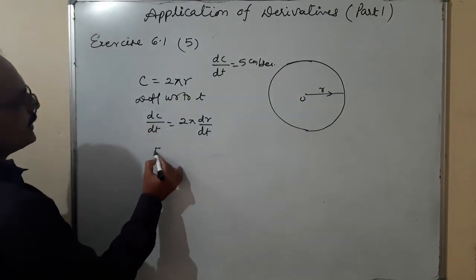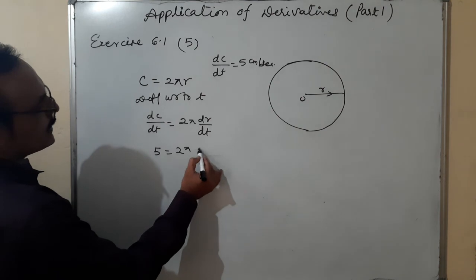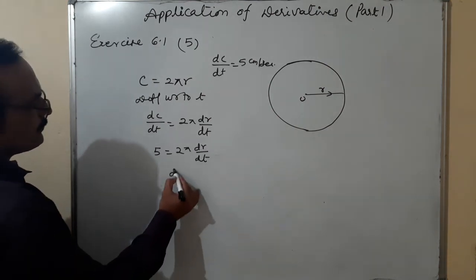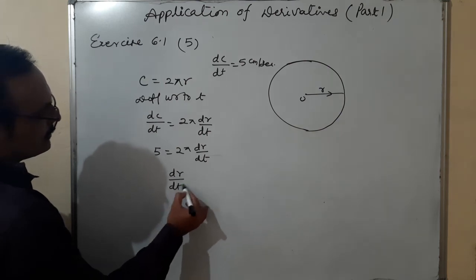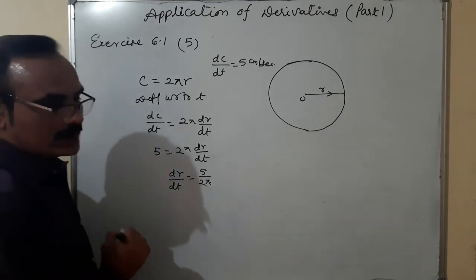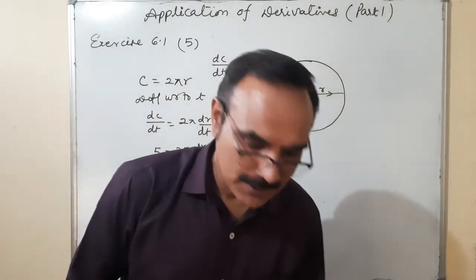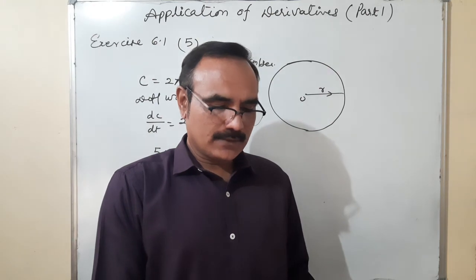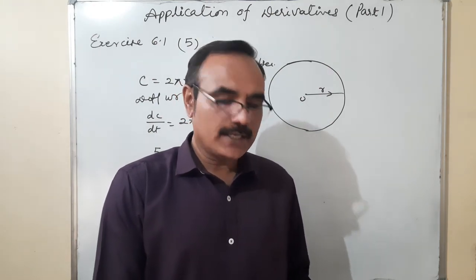So I'll write here 5 is equal to 2 pi dr upon dt. So therefore dr upon dt is equal to 5 upon 2 pi. Okay. So this is the radius rate, because we are finding the area. Last line says how fast is enclosed area increasing.